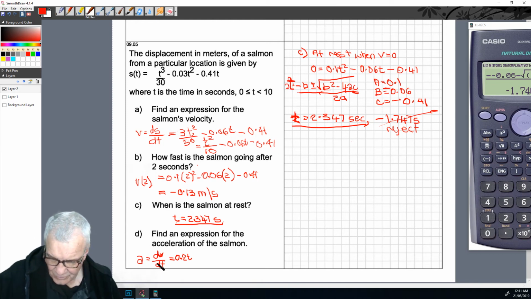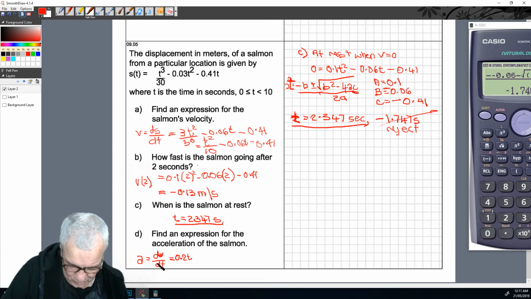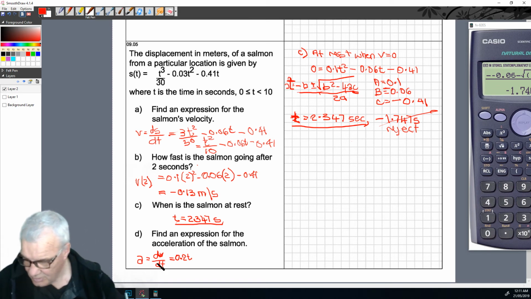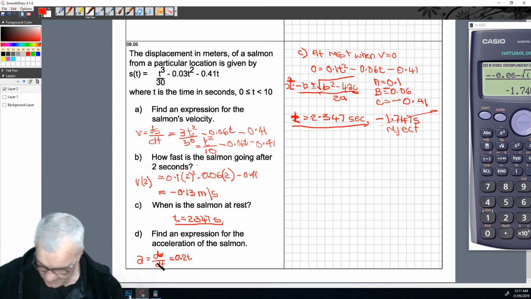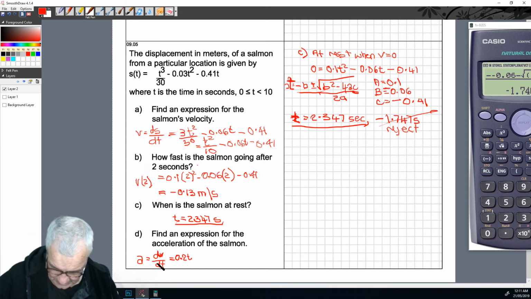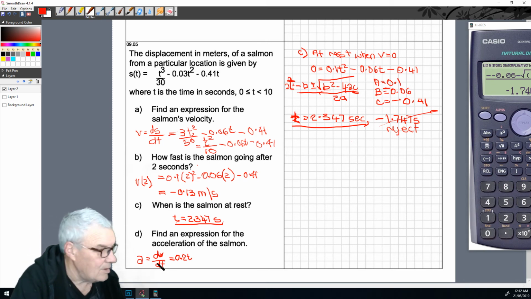I've got some notes here, just to make sure I get it right. 0.2 t. Yeah. And minus 0.6.